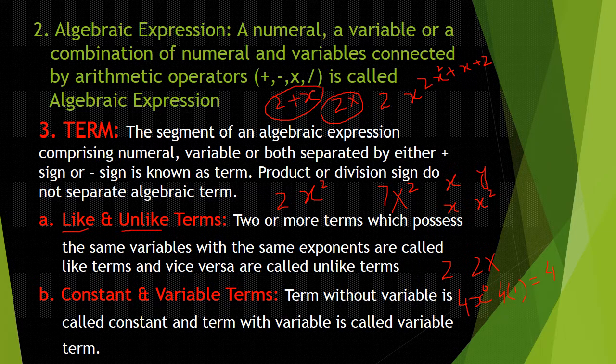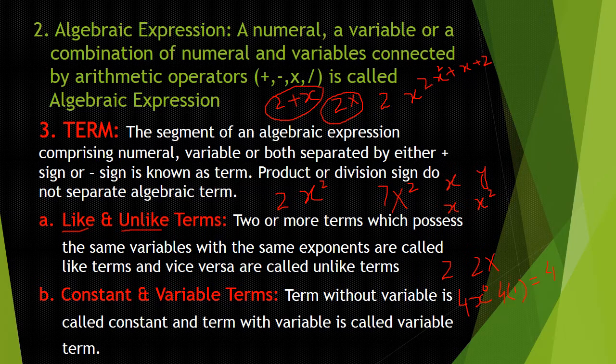And you should also keep in mind that those numerals and variables which are connected through multiplication sign or division sign are called one term. But those numerals and variables which are connected through positive sign or negative sign form two or more terms.